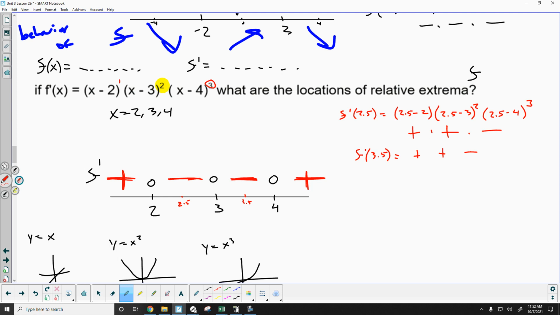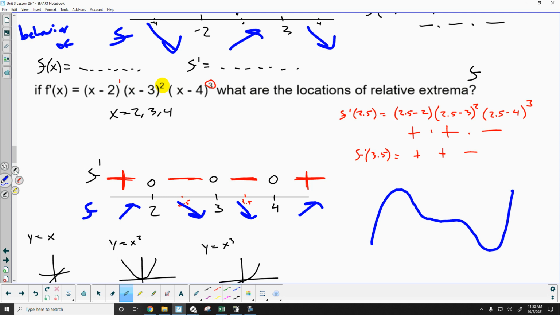Okay? Might save you some time, but if you don't know what I'm doing here, don't do it, because what's important is getting the correct sign, understanding what F is doing. Ready? This is what F is doing. Going up, flattening out. Coming down, flattening out. Going down, flattening out, coming up.